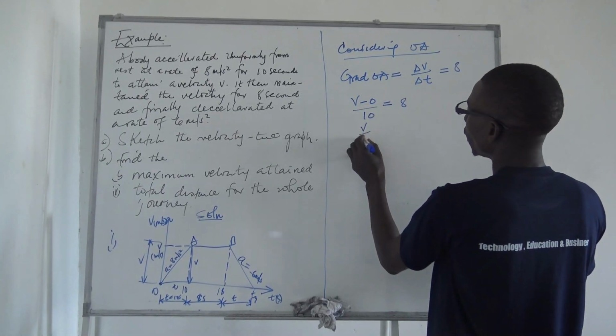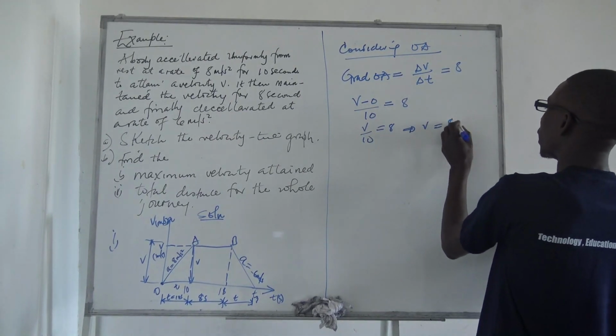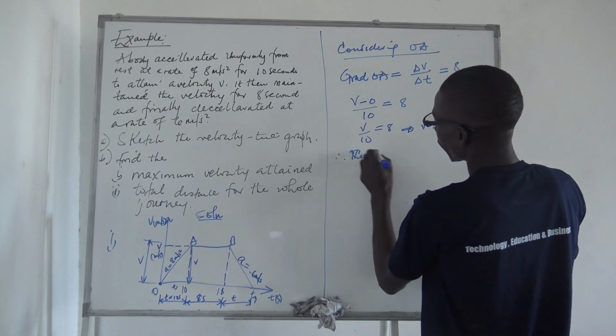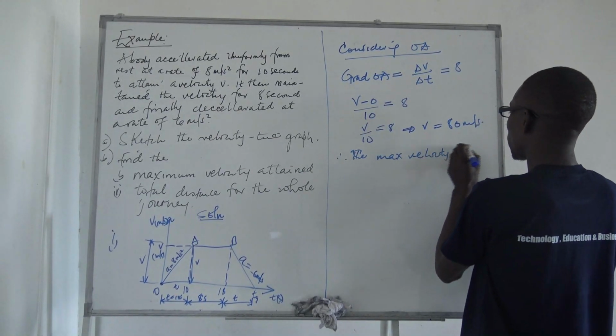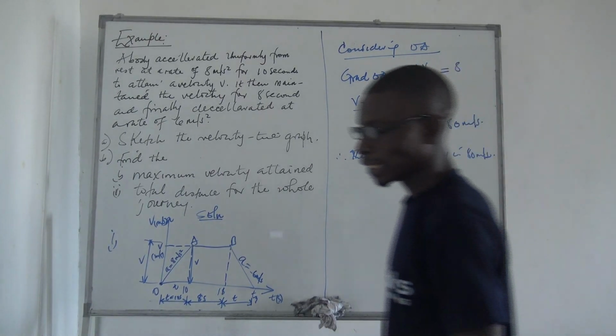So V out of 10 equaling to 8, implying that V equaling to 80. Is that okay? Therefore, the maximum velocity is 80 meters per second.